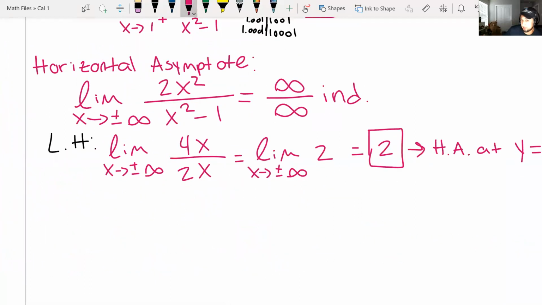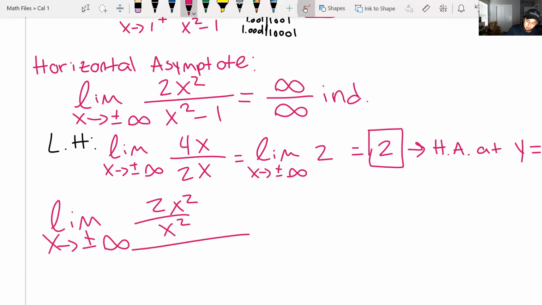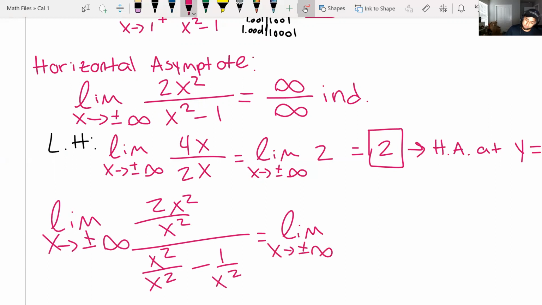Also, another way to prove this limit would be to use the power trick, because let's say you couldn't use L'Hopital's. Then you could power trick it and say the limit as x approaches positive or negative infinity of 2x squared over x squared, over x squared over x squared minus 1 over x squared, becomes the limit of 2 over 1 minus 1 over x squared.